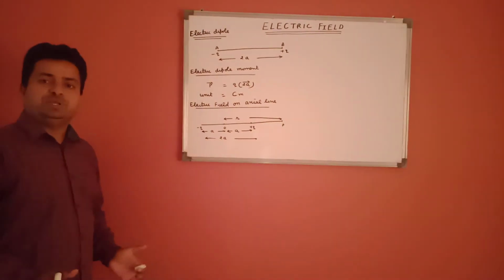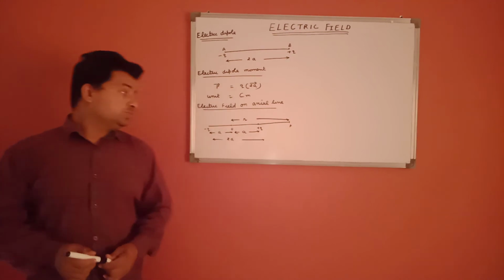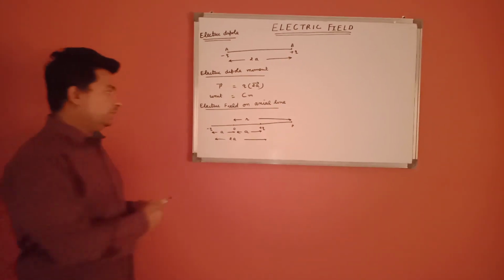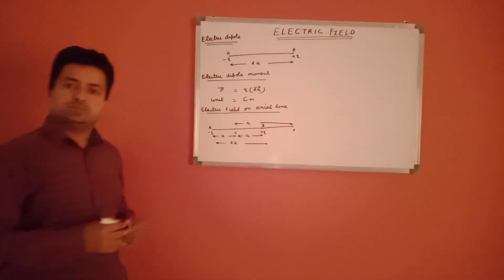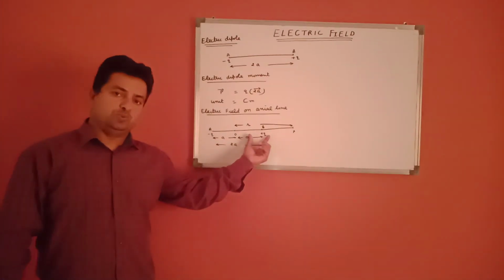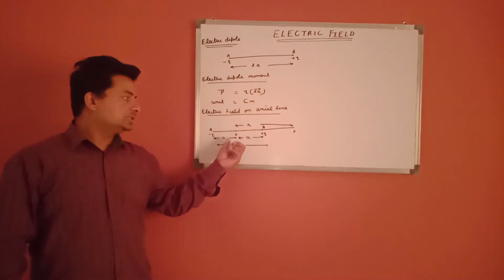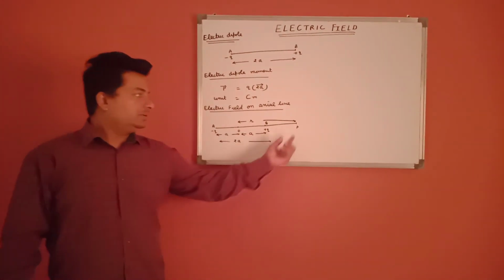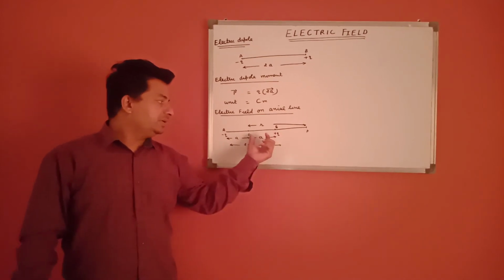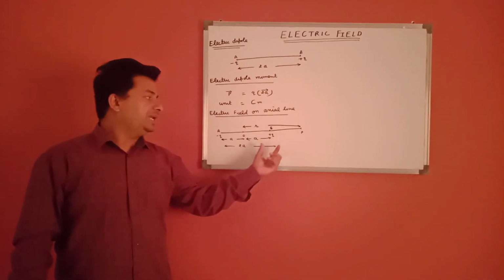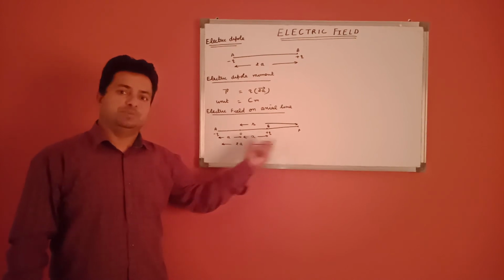So here we write in simple wording. Let us consider an electric dipole consisting of two charges minus q and plus q separated by a distance of 2a. Let P be any point at a distance r from the center of the dipole where the electric field is to be determined.